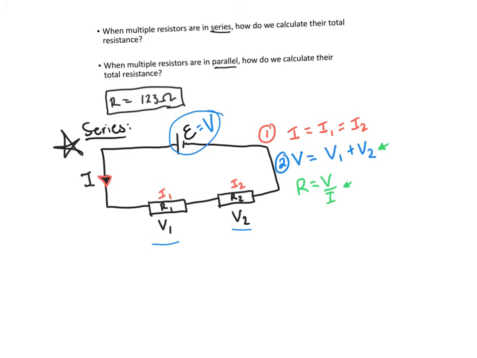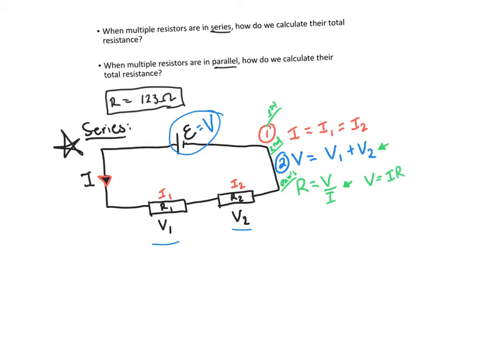I want it to combine resistance. So I can rearrange this equation, Ohm's law basically. So this is Kirchhoff's first law, second, and this is Ohm's law. So R is equal to V over I. I will rearrange for V, which gives me V equals IR.